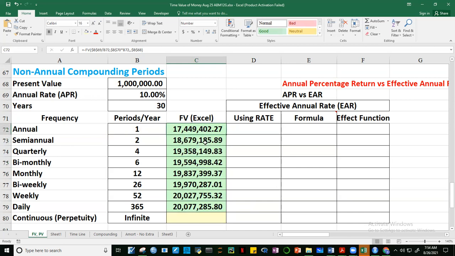Tama siya, 17449, 18679. Okay? So how can we improve the formula? Itong pag-fix natin, we don't actually have to fix yung column B kasi we're copying the formula down. So ibig sabihin yung column position natin hindi nagbabago. So just to improve on this, no need to fix the column, just the row. Okay, but it's also correct naman kung ganito yung formula. Okay, enter natin.